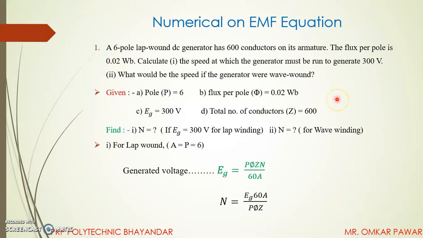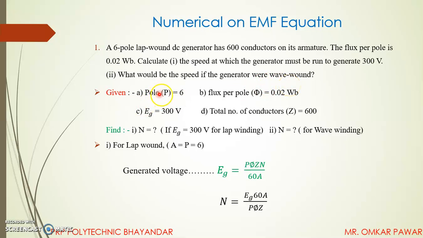Now, a numerical on the EMF equation. A 6-pole lap wound DC generator has 600 conductors on its armature. The total number of conductors is given. The flux per pole is 0.02 Weber. Calculate the speed at which the generator must be run to generate 300 volt, and what would be the speed of the generator if we connected it as wave winding.